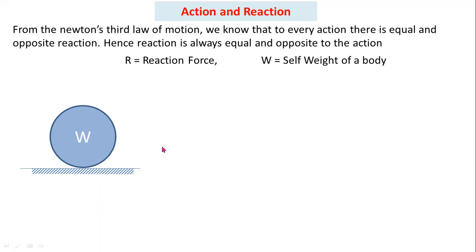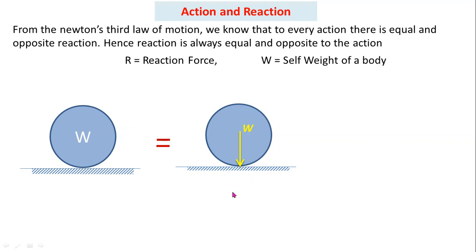Then how to convert this diagram into a forces diagram? First of all, you have to consider the self-weight W of the body. According to Newton, self-weight always acts vertically downwards. This is the action.